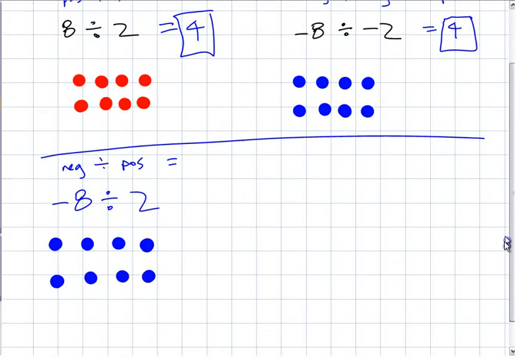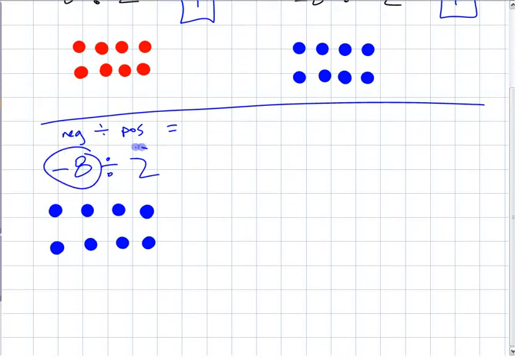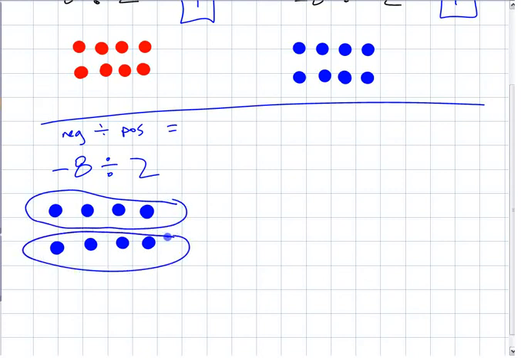But you can do it the other way, which is take negative 8 and make it into this many groups. If I take the negative 8 and make it into 2 groups, how much is in each group? 4. Now the blue ones are representing what though? Negatives, right? So negative 4 in each group.